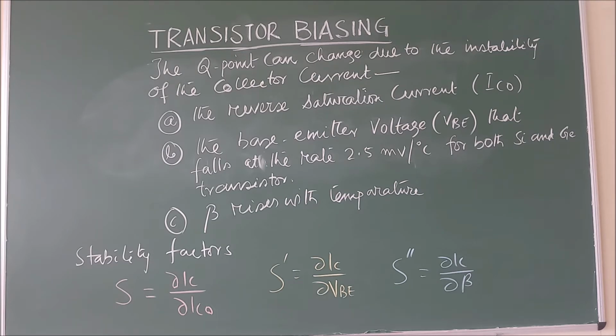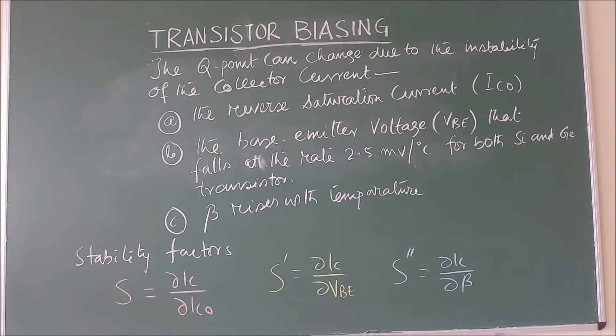Number one, the reverse saturation current ICO, which doubles for every 10 degree centigrade rise of temperature. Number two, the base emitter voltage VBE, which falls at the rate of 2.5 millivolt per degree centigrade for both types of transistor, silicon and germanium. And the amplification factor beta rises with temperature. So these are the reasons.